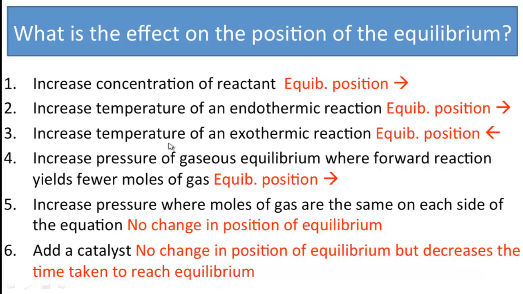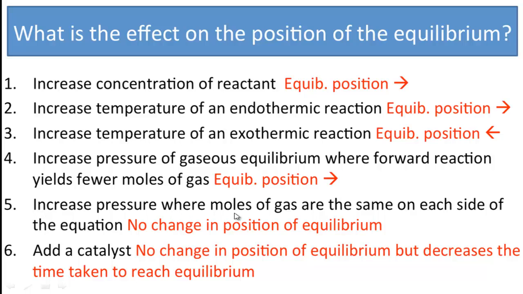If we increase the temperature of an exothermic reaction, then the endothermic reaction rate should increase, so the equilibrium position should shift to the left side. If we increase the pressure of a gaseous equilibrium, the forward reaction yields fewer moles of gas. That means the product side mole number is less, so the equilibrium position shifts to the right side.